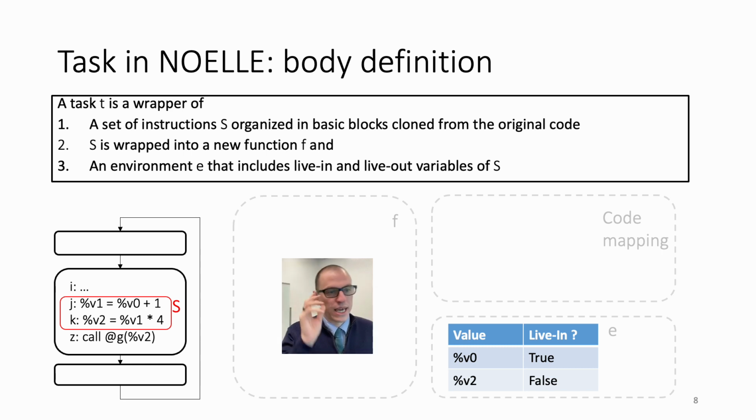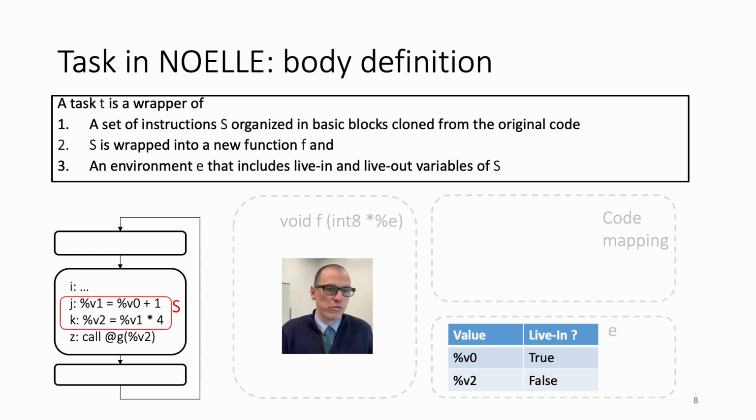Here we have a loop, again, with the instructions J and K, and we want to extract them into a task. Now, because there are live-in and live-out variables of this set S, then we, as the designer of a new task, decide that the only input we need is an object pointed to by a void pointer.